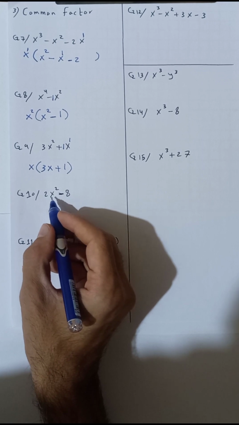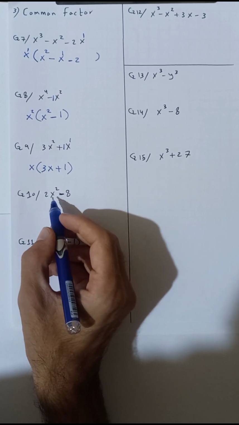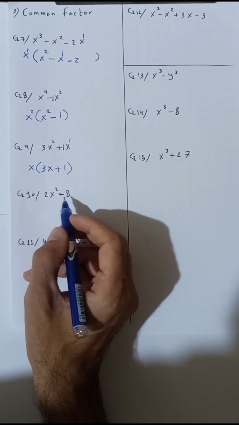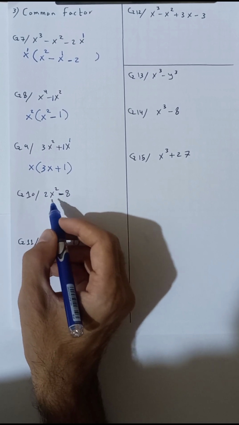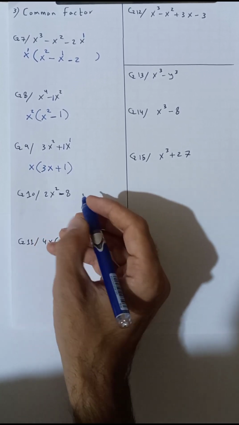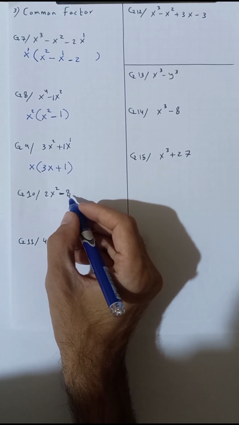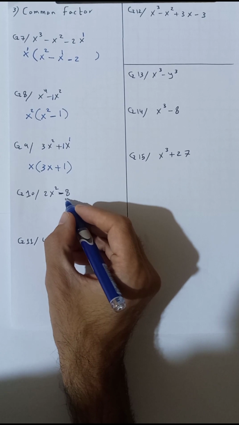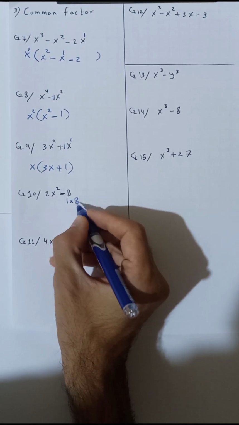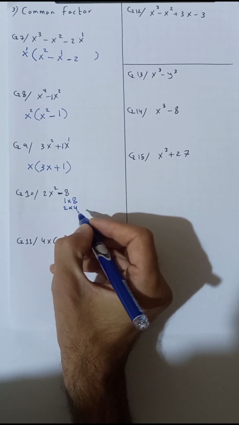Here we have two terms, but we don't have x in both terms. We just have numbers. Let's think, what times what is 8? 1 times 8, 2 times 4.